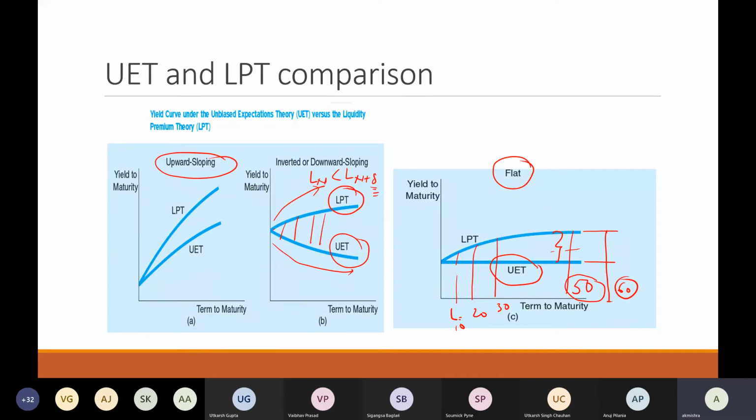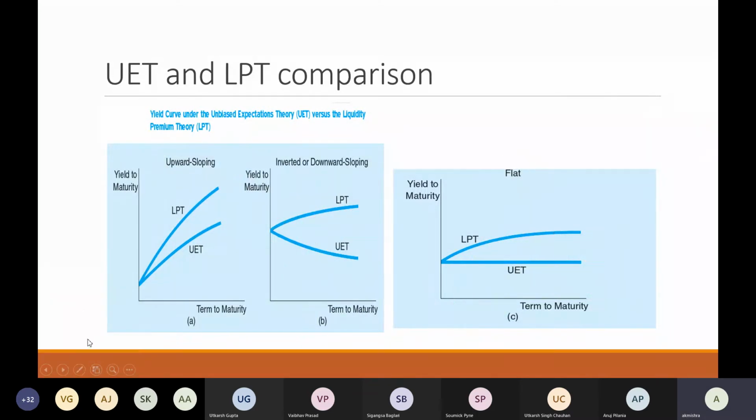So adding 5 basis points or 10 basis points doesn't change your investment decision. You will think anyway I'll be enjoying my coupon for 50 and 60 years, so why should I be worried about the liquidity difference between 50 and 60 years. So there are various arguments, but these two theories will help you to relate with your graph.